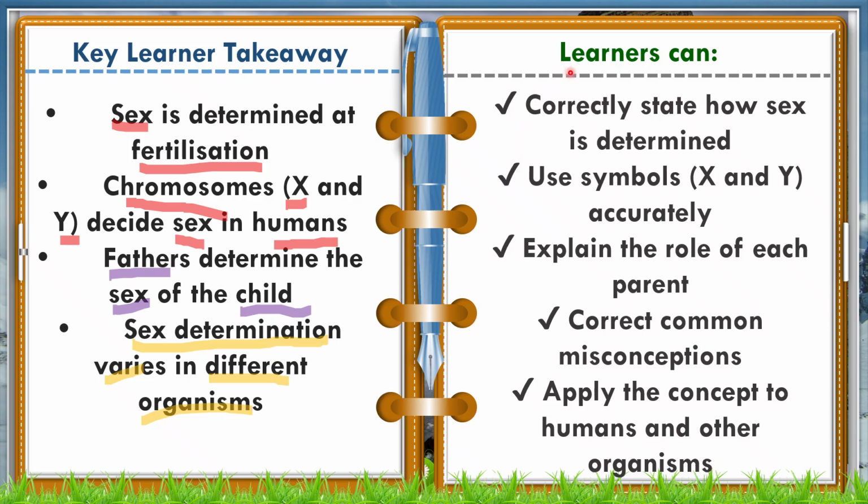By now, the learner can correctly state how sex is determined, can use the symbols X and Y accurately, can explain the role of each parent, can correct the common misconceptions, and can apply the concepts to humans and other organisms.